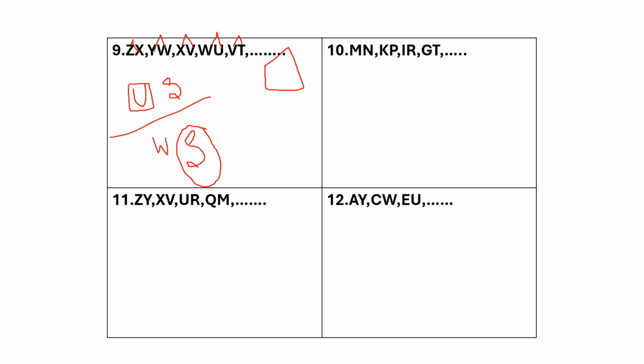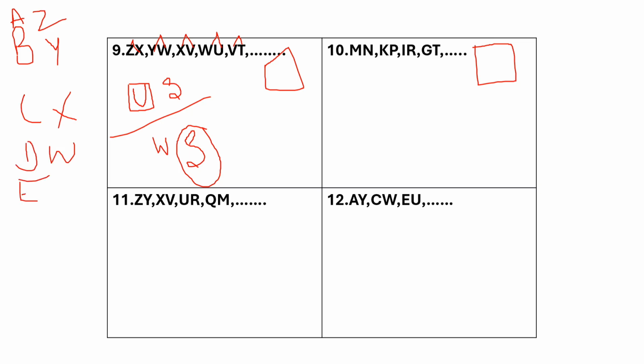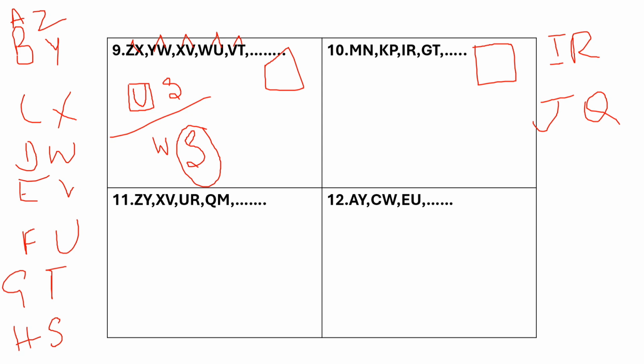Next one is M N K P I R G T. Next term is, I have already given the chart, no? A Z P Y C X D W A B F U H S K P M N. So observe this series.